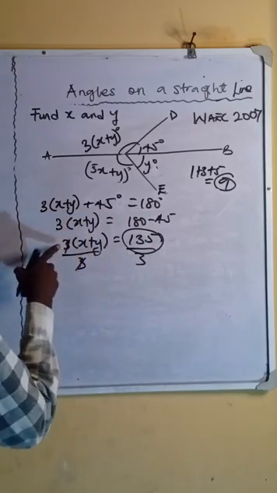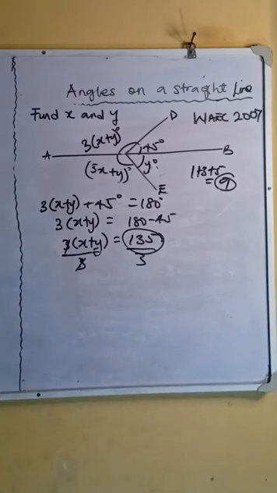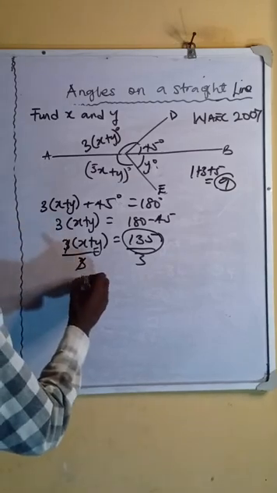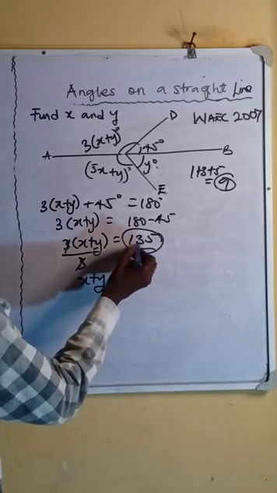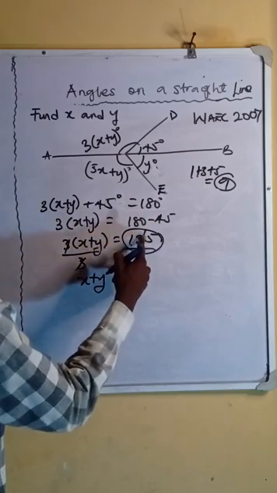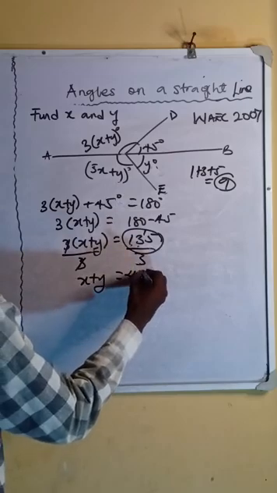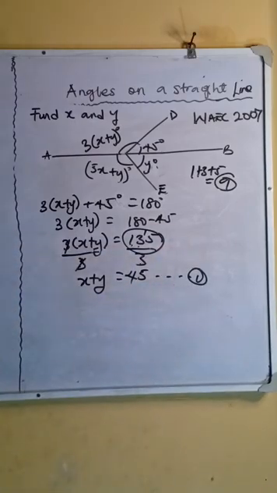Remember what I said: it's either you open the bracket or you divide by 3, and if you are to divide by 3, you must test whether the number is divisible by 3. So you have x plus y equals 45, since 3 goes into 135, 45 times.